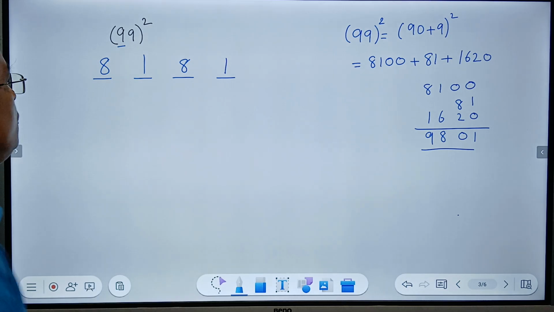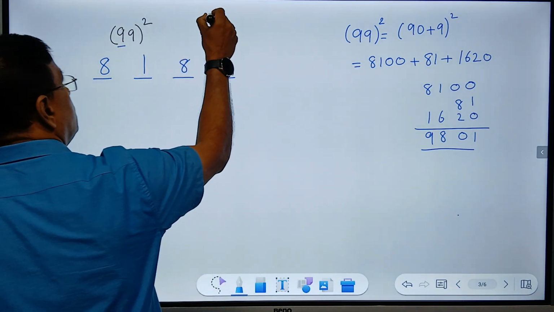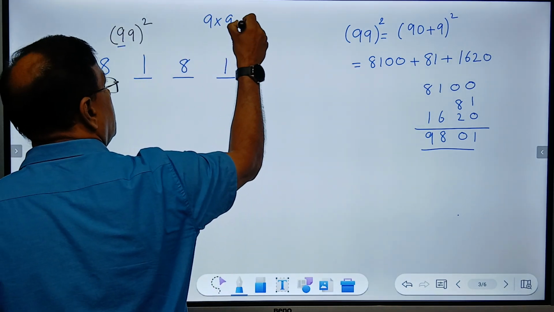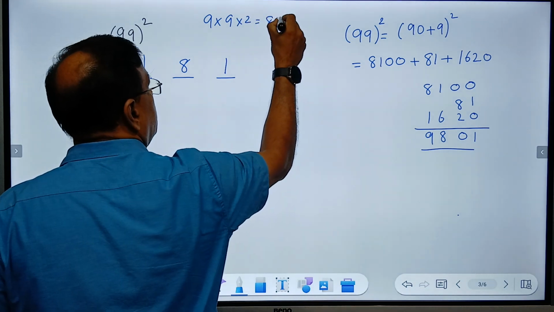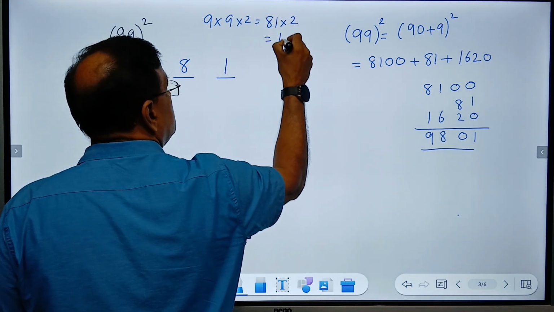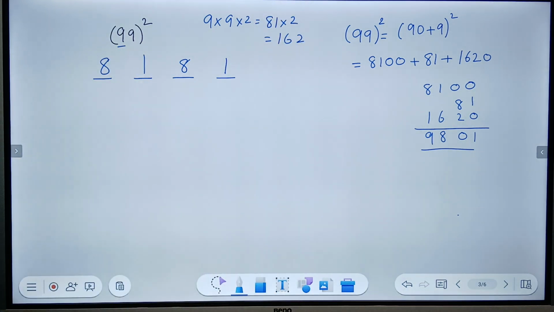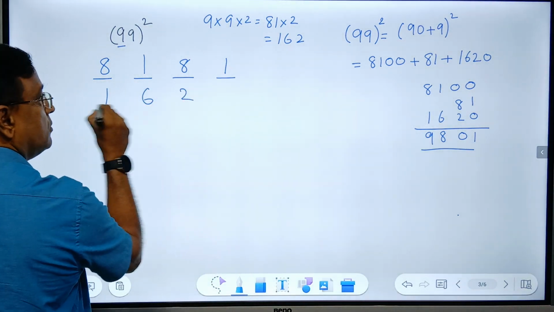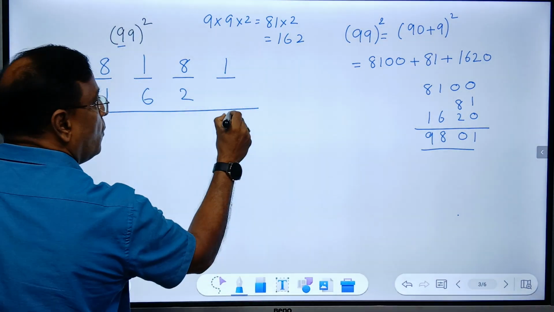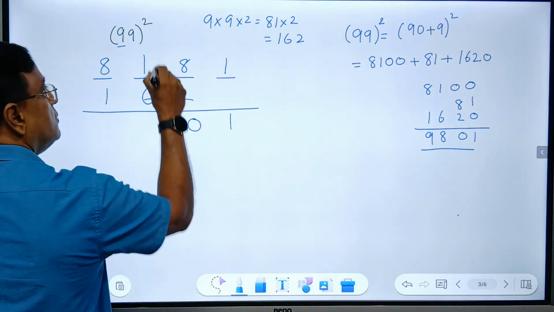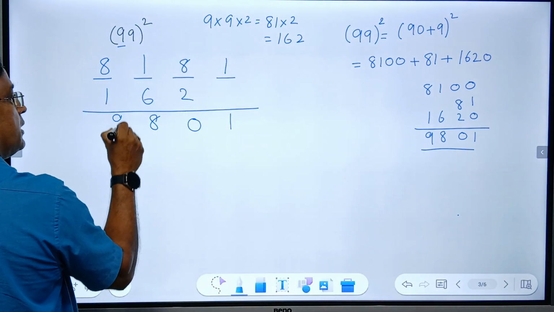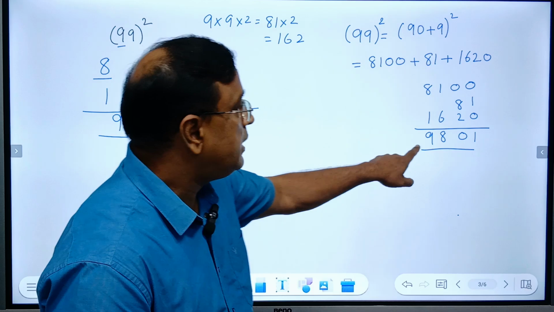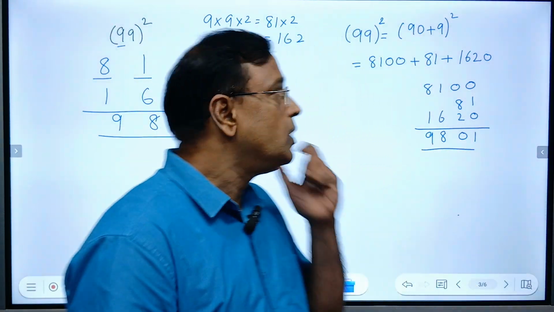Now you multiply 9, 9 and 2, which is 81 into 2. What is 81 into 2? 162. I cannot write it all here, so it has to be shifted. Now add all of them. The answer is 9801.